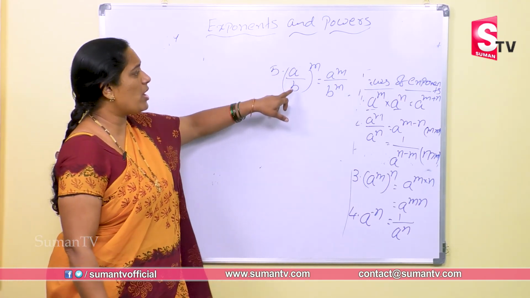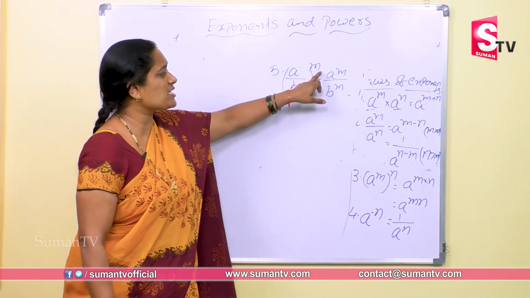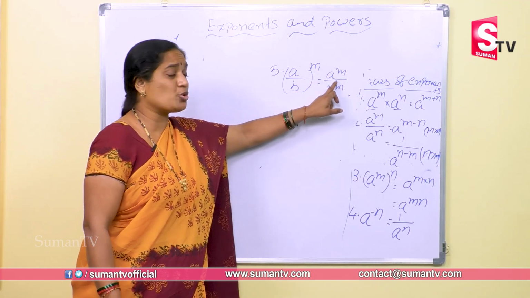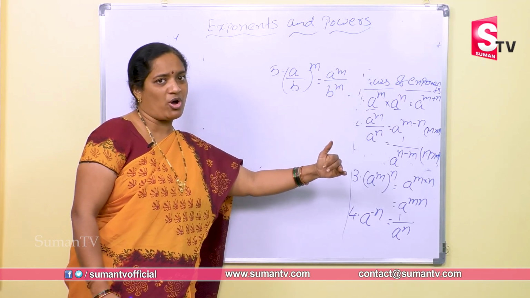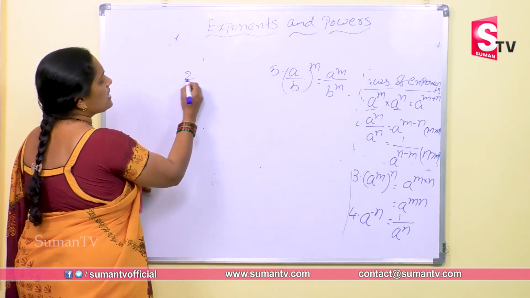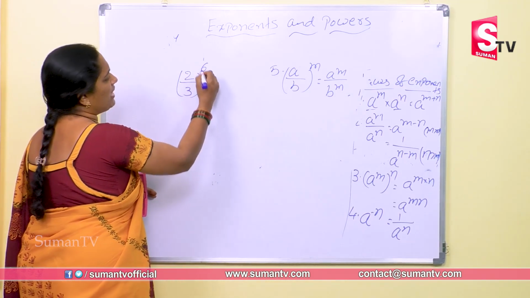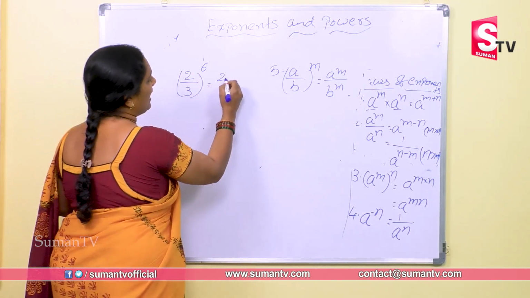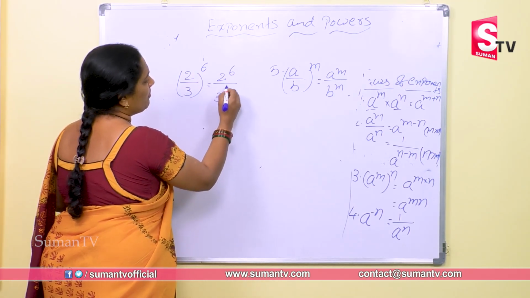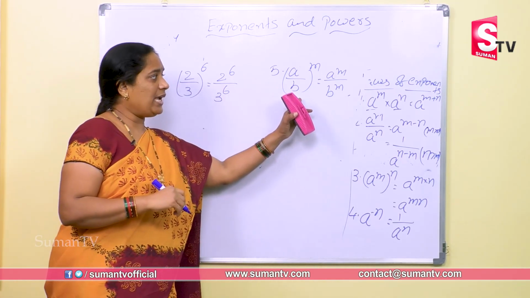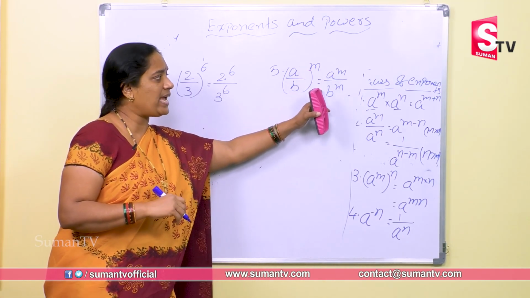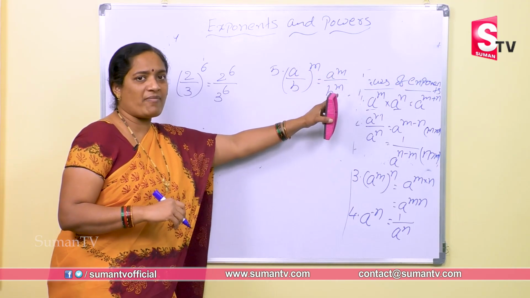When the terms are dividing and containing the same exponent, the exponent is to be allotted to the numerator as well as to the denominator. Right? Now, suppose 2 by 3 whole to the power of 6. Then you can write this as 2 power 6 by 3 to the power of 6. A by b whole power m can be written as a power m by b power m.